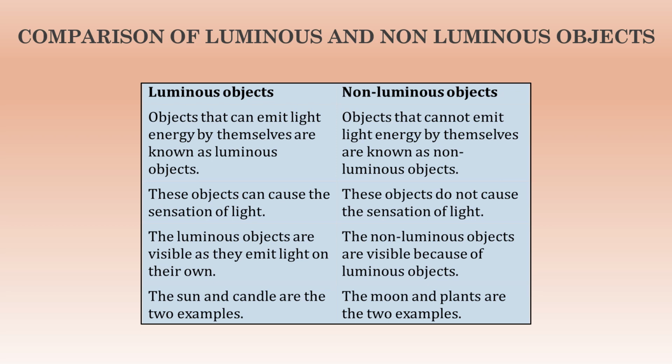Objects that cannot emit light energy by themselves are known as non-luminous objects. The second point is these objects can cause the sensation of light. On the other hand, non-luminous objects do not cause the sensation of light.